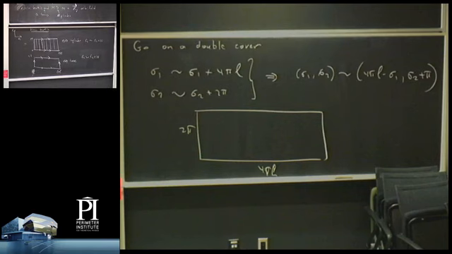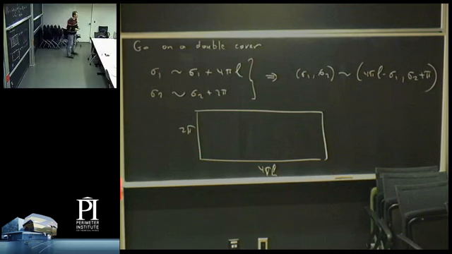And second, I have to identify the vertical lines, which means that I identify sigma 1 with sigma 1 plus 2 pi L. Okay? So is it clear so far? A cylinder and a torus.